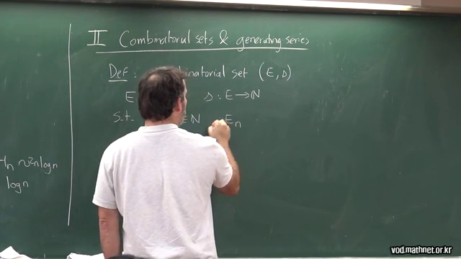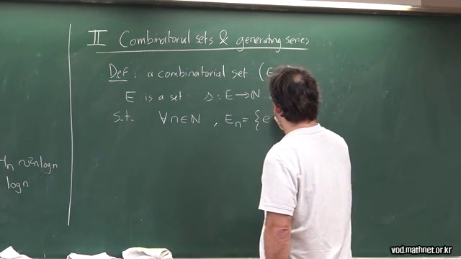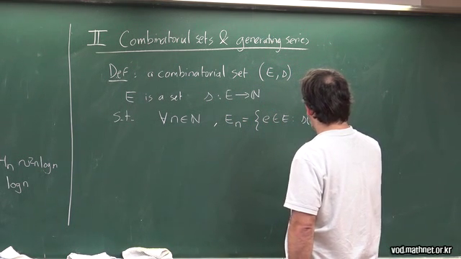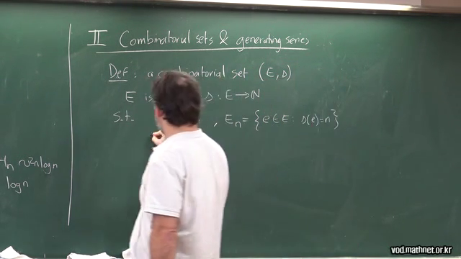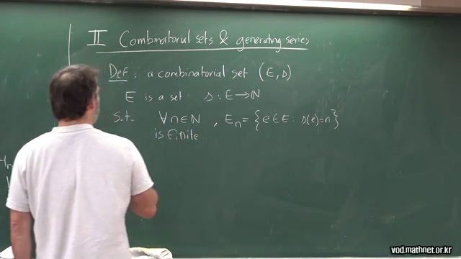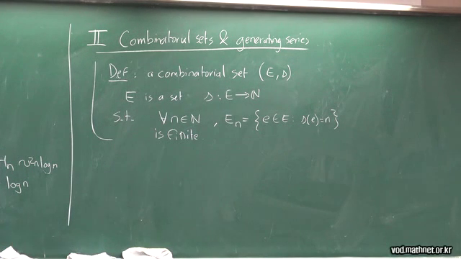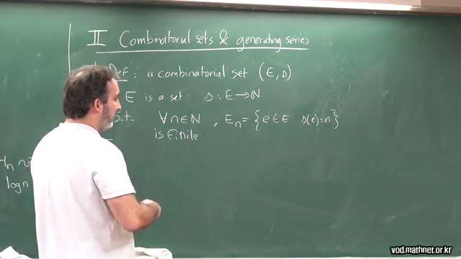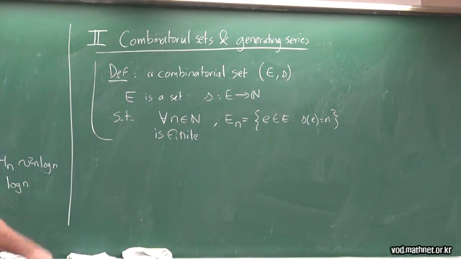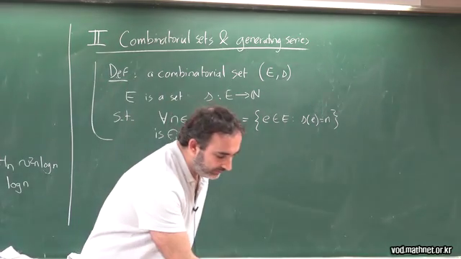So I define E_n, the set of elements of size n, is finite. Okay. So now we are doing combinatorics. For a given n, we have a finite set, and we can compute the number of elements, its cardinality, and we are looking at this sequence of numbers.